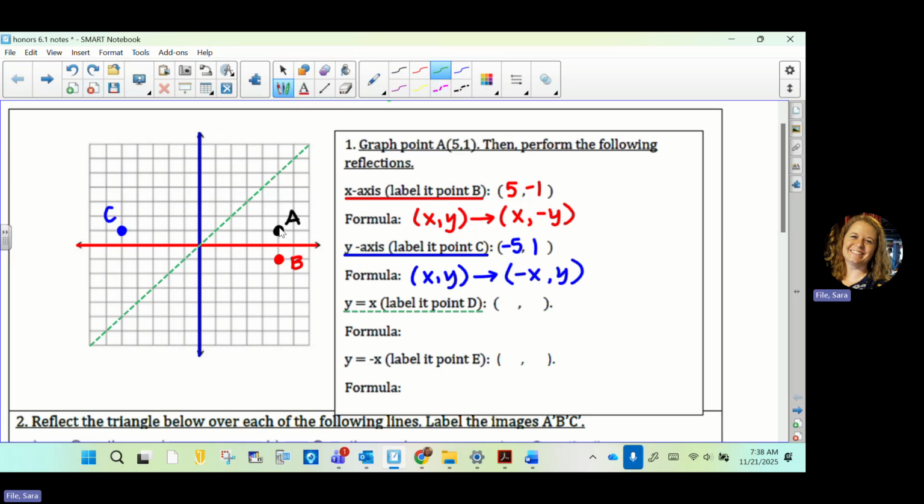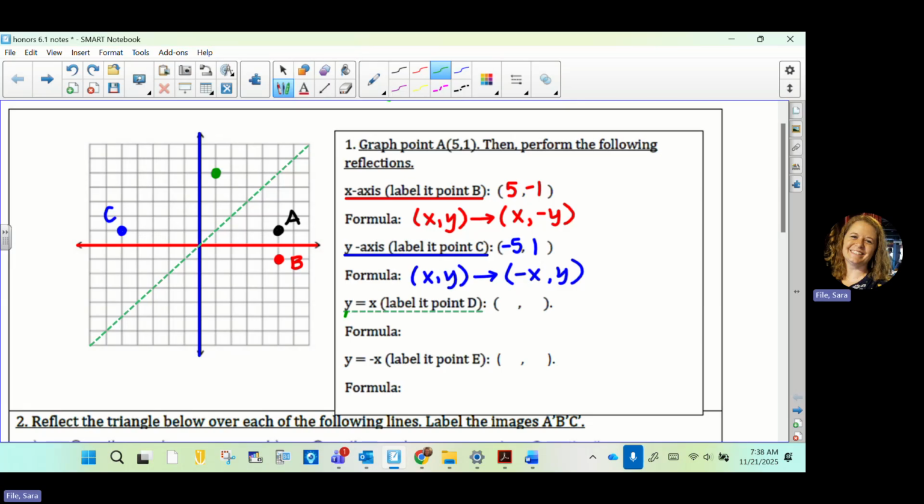So for A, if it is at a perfect diagonal like this, you could count it this way. You'll notice I go at an angle, 1, 2 diagonal squares, and that gets me to this line. If I went 2 diagonal squares here, that would also get me equidistant on the other side.